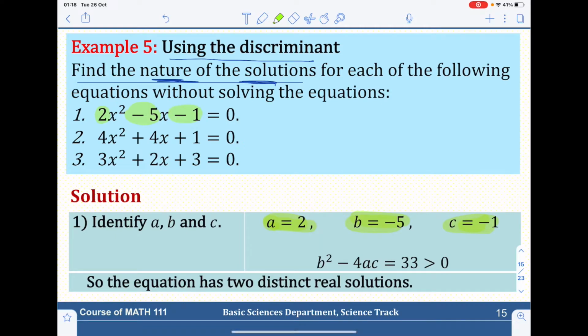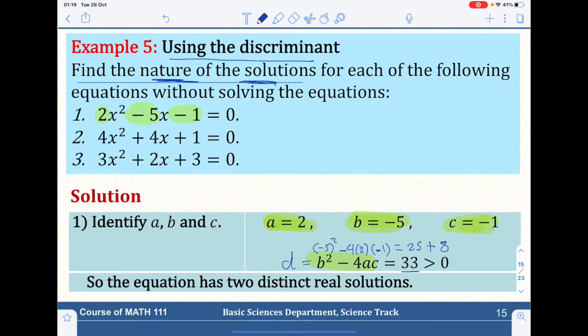Then you have to compute b² - 4ac. This value, as I said, is the discriminant. So b² is (-5)², minus 4 times a, which is 2, times c, which is -1. So we have 25, minus with minus is a plus, 4 times 2 is 8. So 25 + 8 is 33.